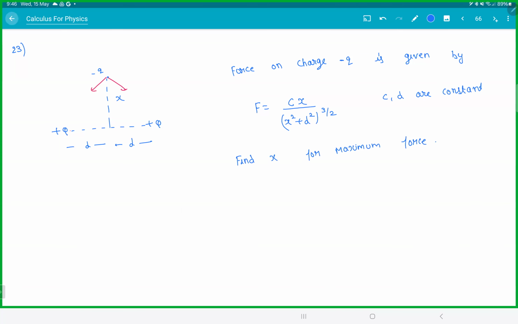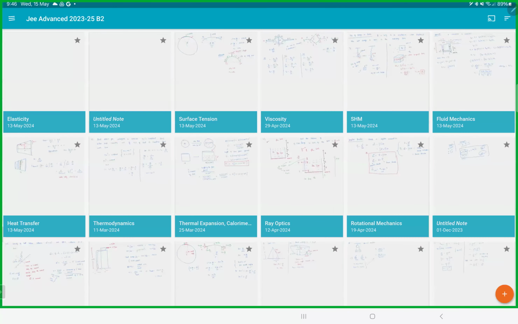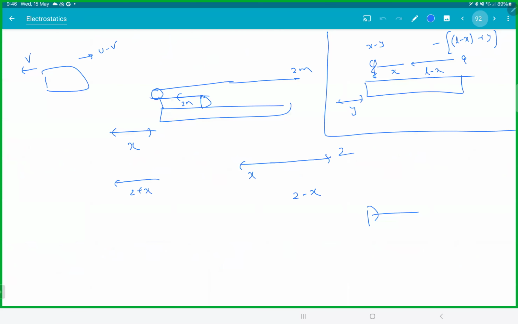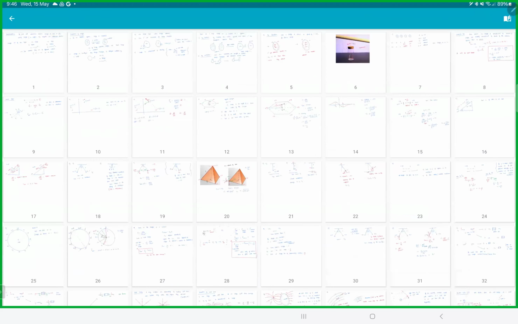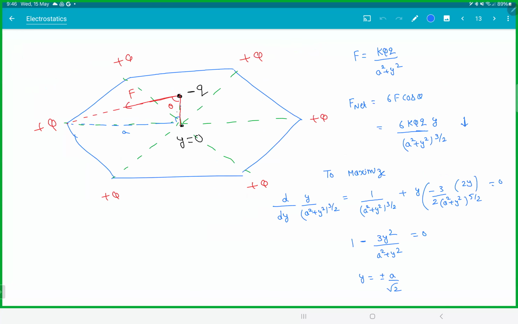Meaning, I'll show you one question, like how we did this recently. There were 6 charges like this, in a hexagon. So when the small q is taken above, all the 6 charges are attracting the small q. Then we derived this.